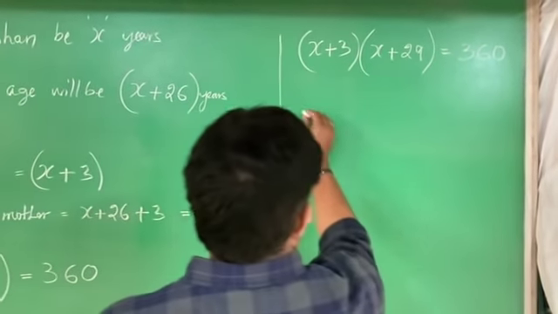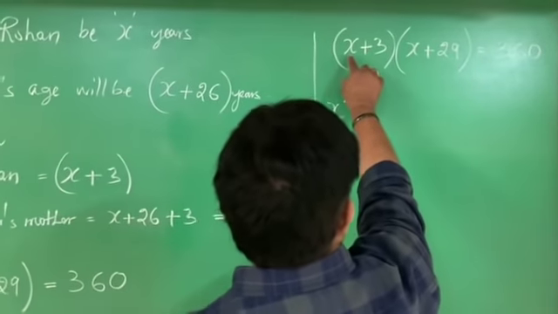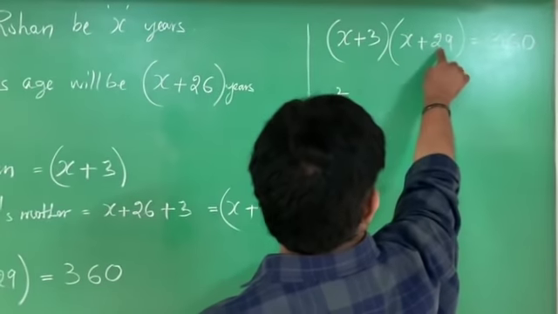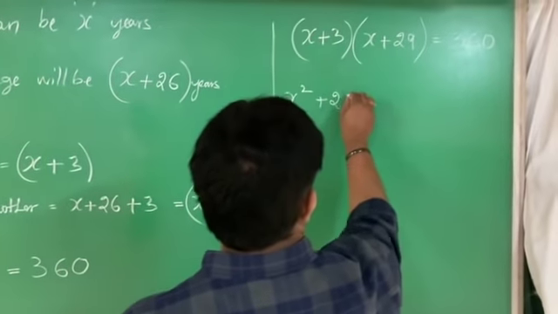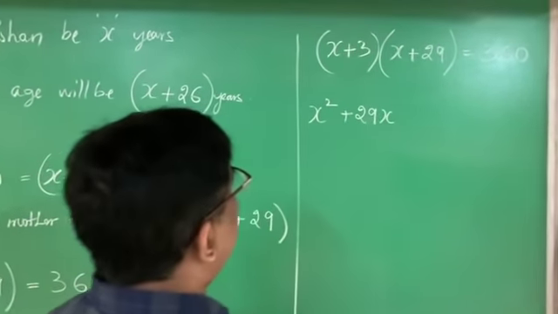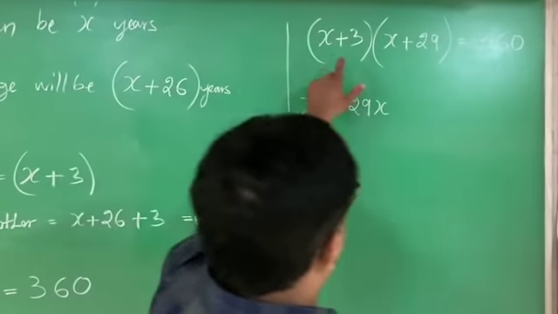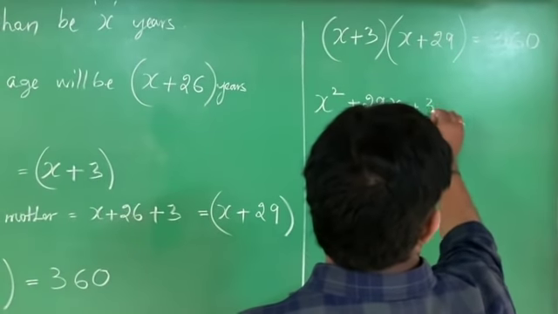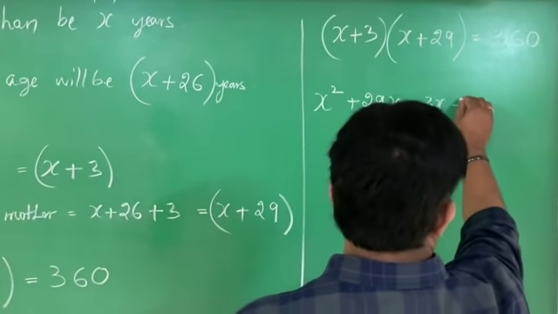x into x is x square, the first term. Then the first term and the second term: x into 29 is 29x. Now the first term is over. Second term plus 3: 3 into x is 3x.